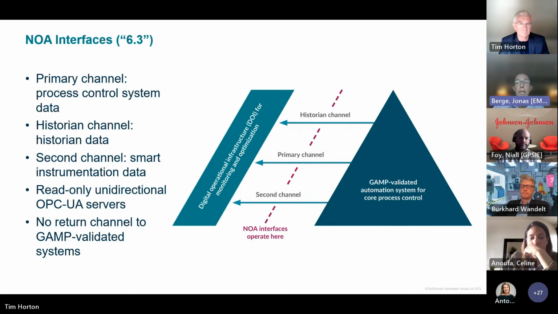For instance, a flow meter may also measure process temperature. The measurement might not be utilized in the control strategy and may not even be calibrated, but can be useful in predictive analytics of equipment health. This interface is also unidirectional. Next, please.